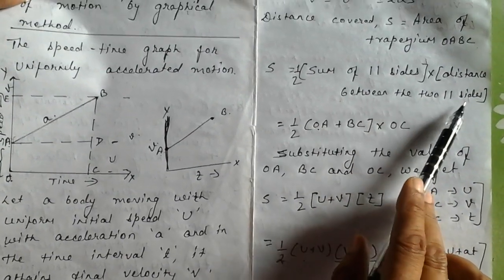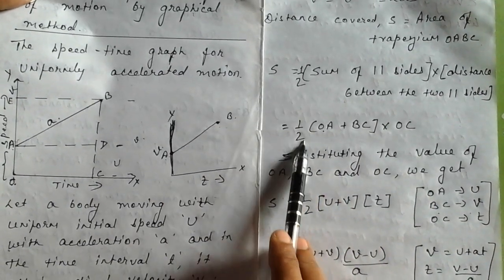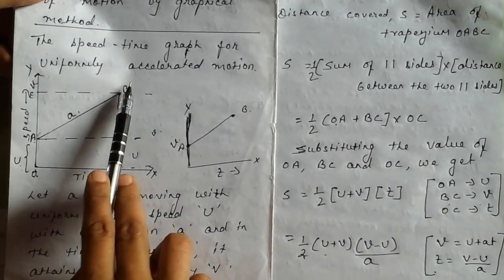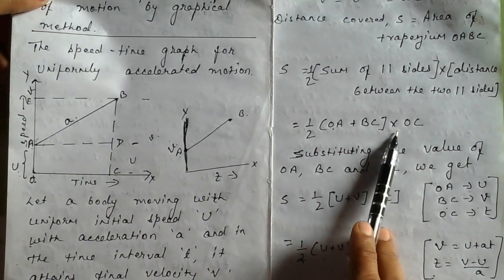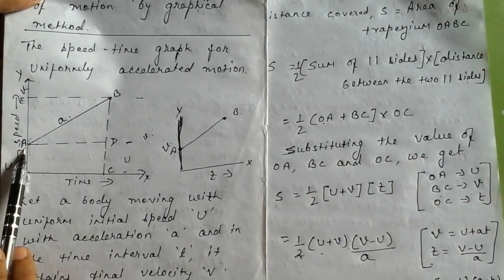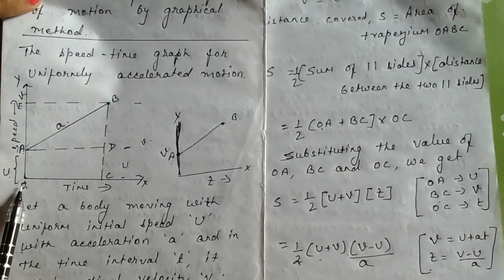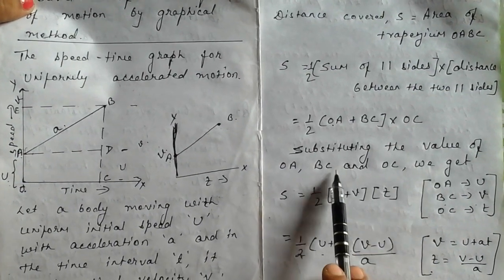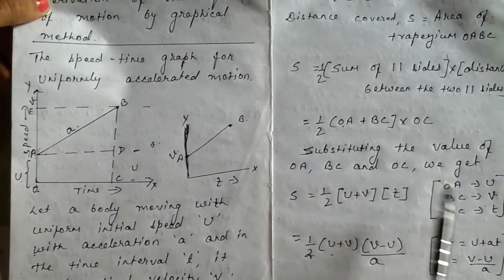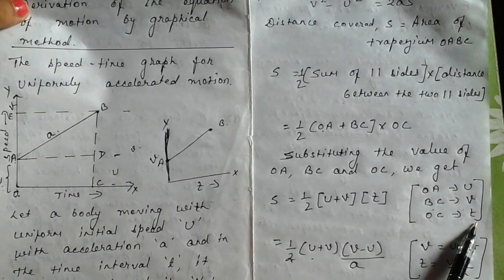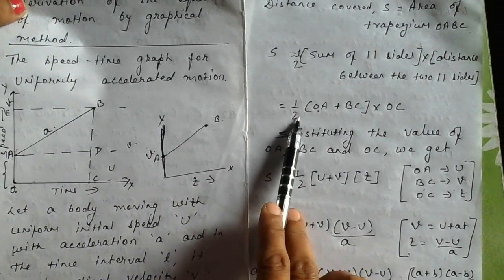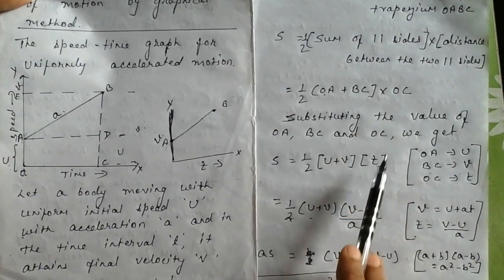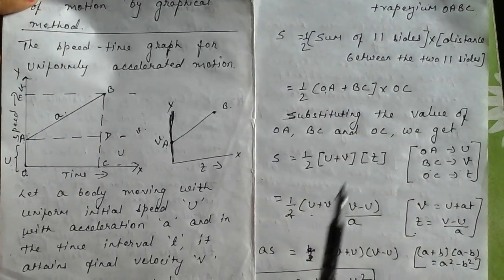So, half the sum of the parallel sides OA and BC, and the distance between them is AD, or you can say OC. Substituting the values of OA, BC, OC as denoted here, we get ½ (u + v) into t.